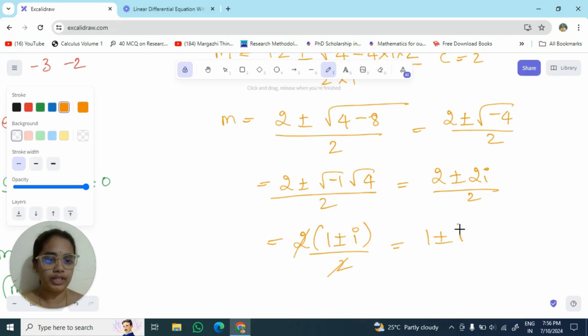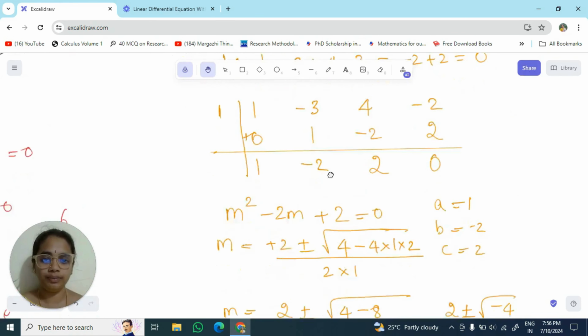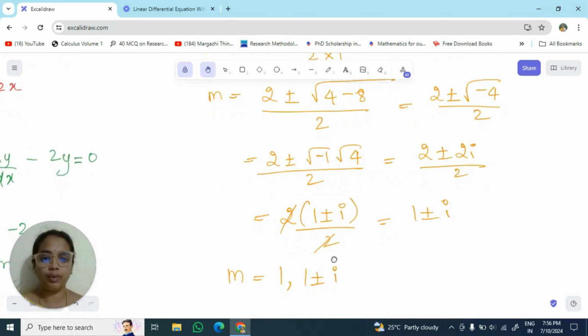We would get 1 plus or minus i. So what are the roots of the equation? The first step we had got m as 1. Here we have m equal to 1 plus or minus i. For a cubic equation, we've got 3 roots, that is 1, 1 plus i and 1 minus i.